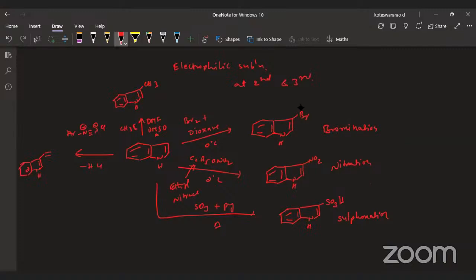The nitrogen is there, along with whatever aryl group is present. This is the diazotization reaction.